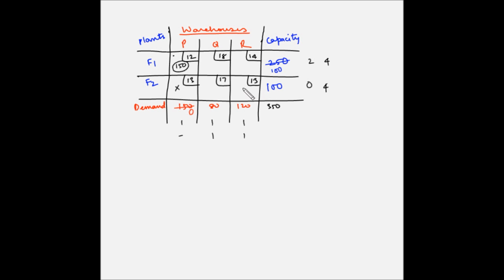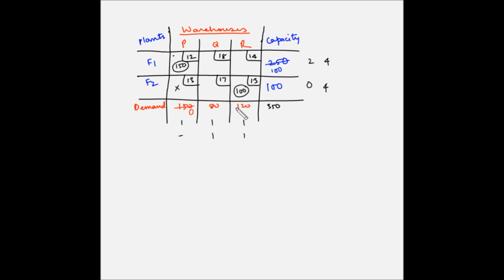So now let's try to allocate the maximum we can to F2R because it has the lowest cost for F2. So F2 has a supply capacity of 100 while R has a demand of 120. So the maximum that can be allocated is 100.